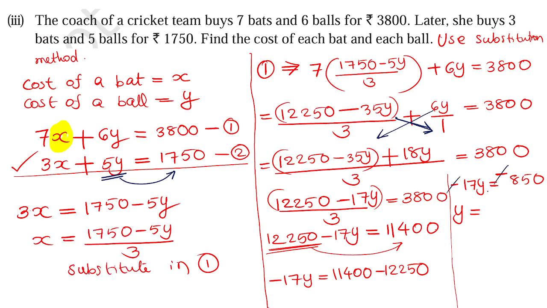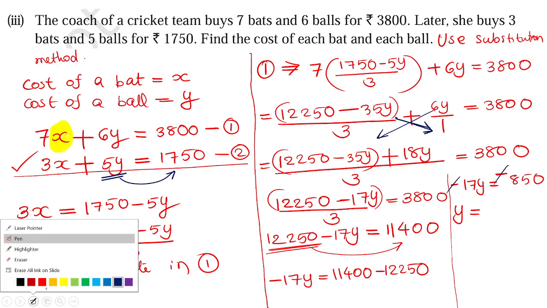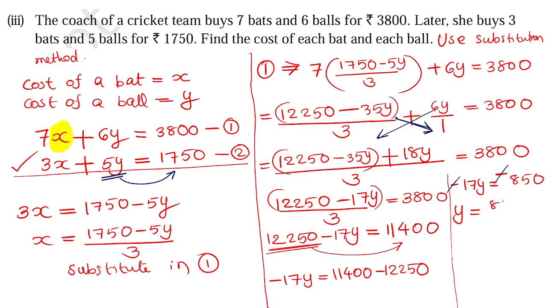If the negative sign is common in both left hand side and right hand side, you can cancel it. 17y equal to 850. So y equal to 850 divided by 17. Let me check. Yes, y equal to 50 rupees. At the end you may write the symbol. Okay. Now I got y equal to 50.